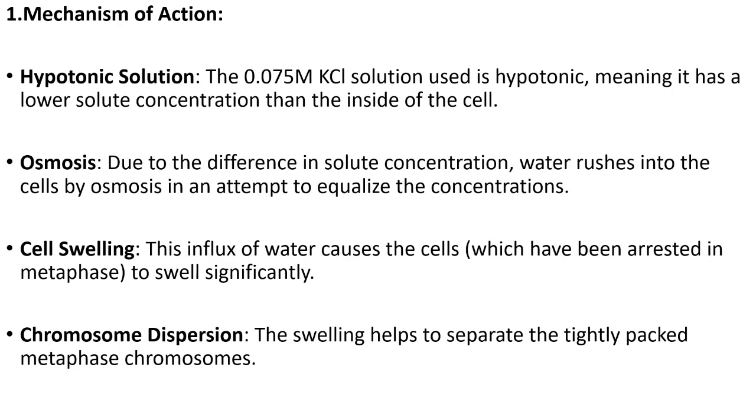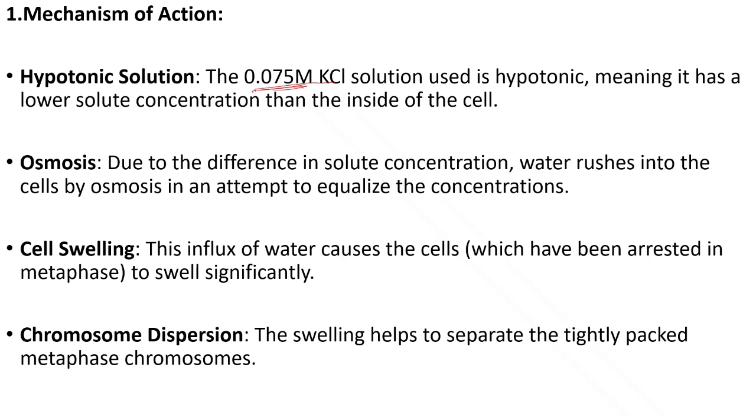Now let's see the mechanism of action. So the hypotonic solution that we use in the cytogenetic laboratory is 0.075 molar. This hypotonic solution means it has a lower solute concentration than inside the cell.